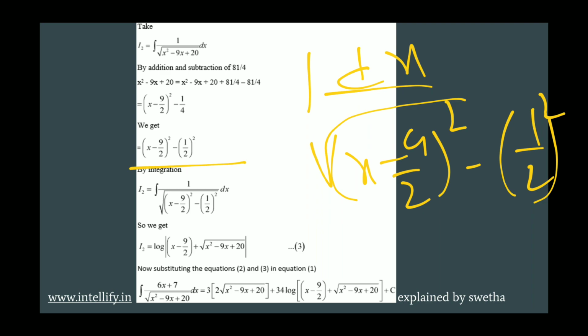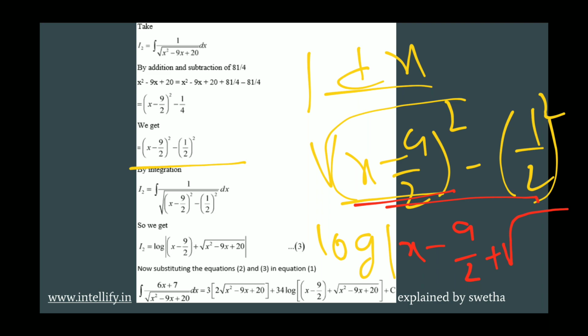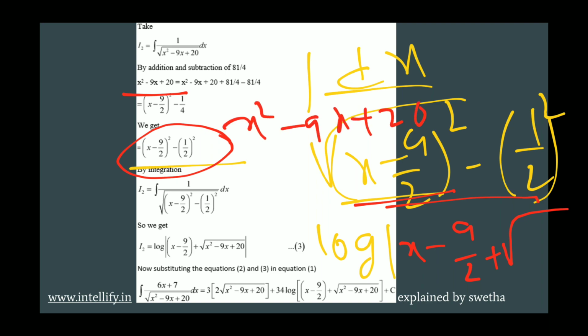Therefore, I2 equals log of mod (x minus 9 by 2) plus root over x square minus 9x plus 20, which we solved previously.